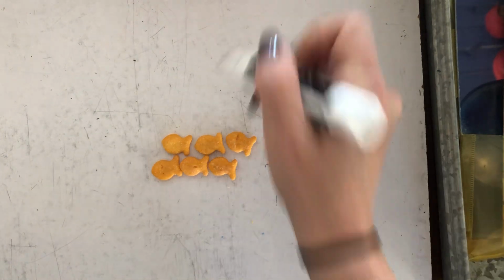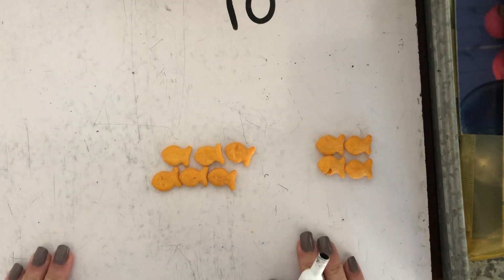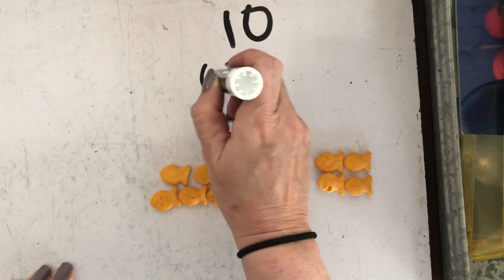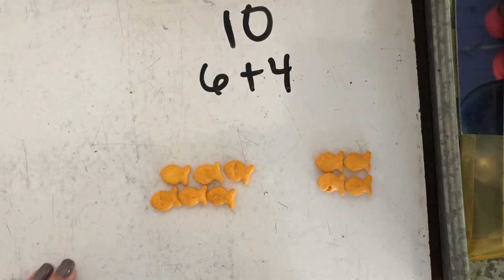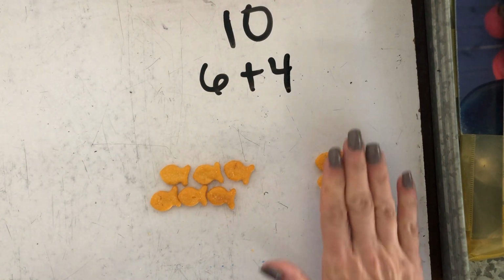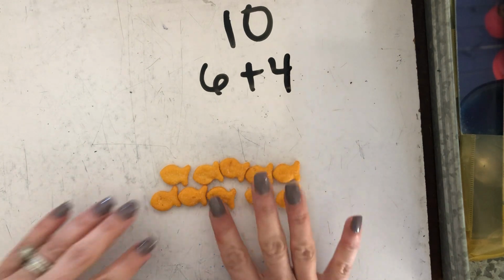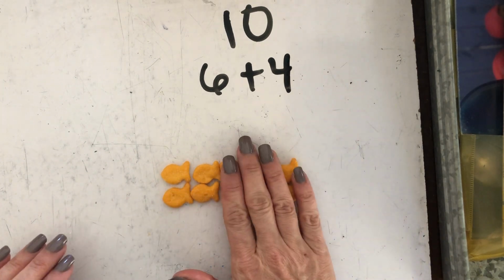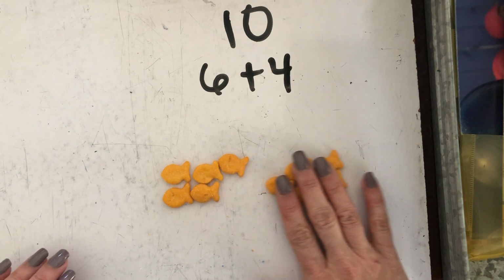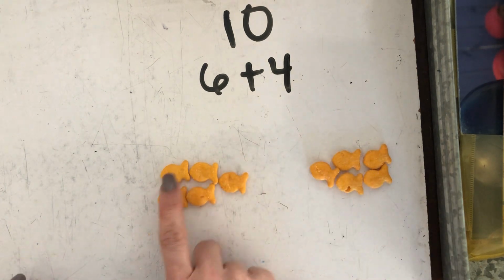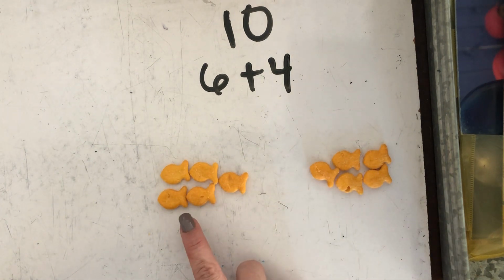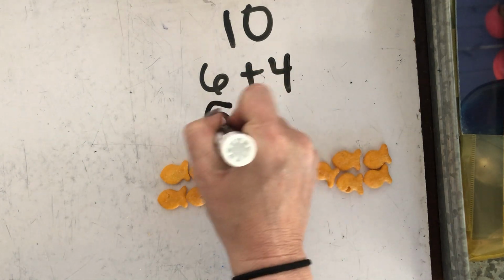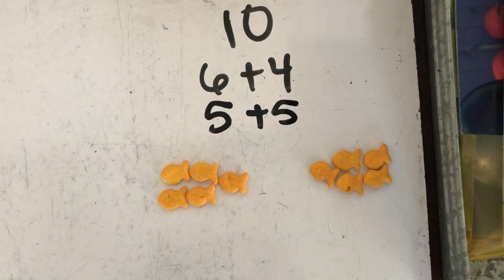Okay, so if I have 10, I can make 6 plus 4 equals 10. I can put them back together. Oh, that's the 4 with the belly button out. See it? I can say 5 plus 5 is 10.